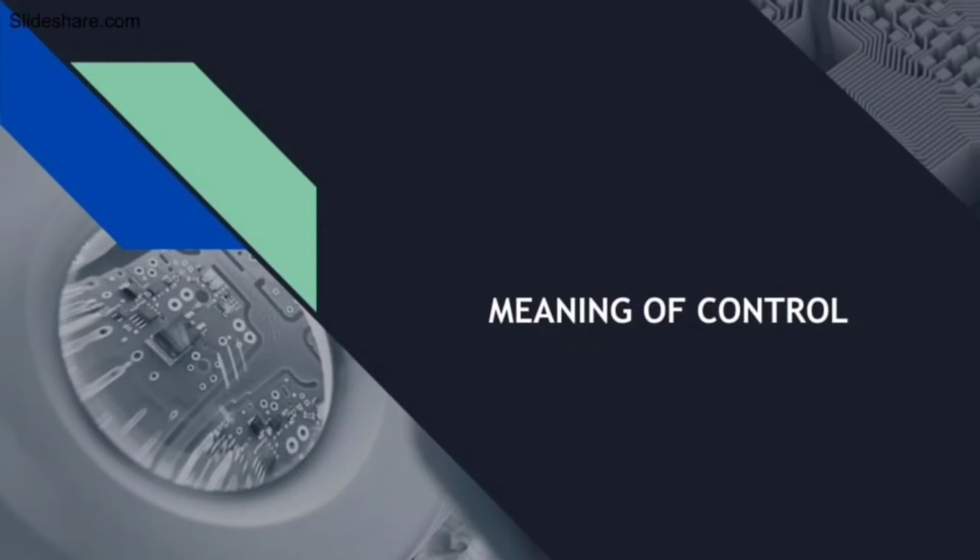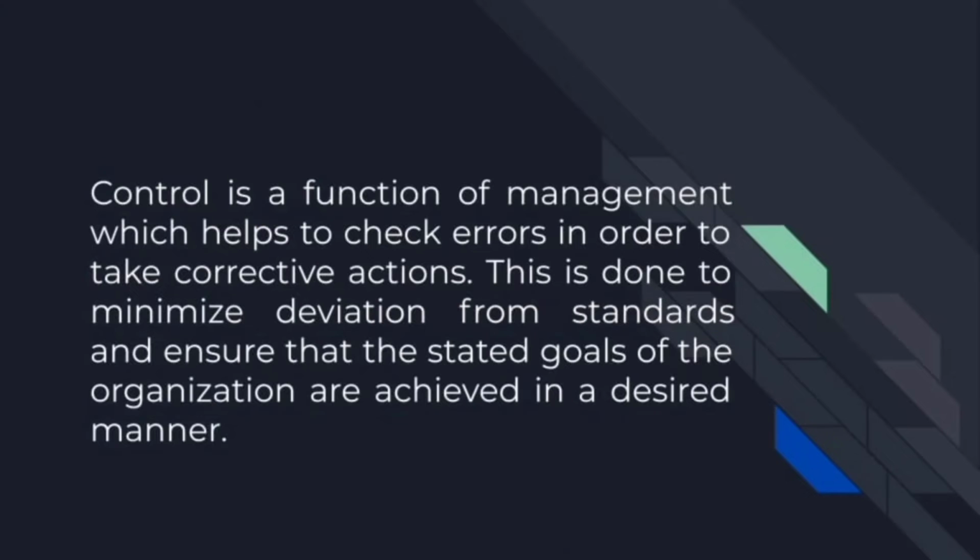Hi everyone. Today I am going to talk about the meaning of control. Control is a function of management which helps to check the errors in order to take corrective actions. This is done to minimize deviations from standards and ensure that the stated goals of the organization are achieved in a desired manner.